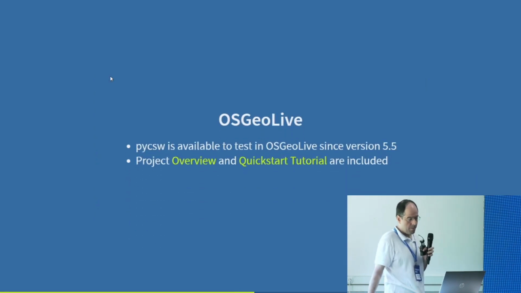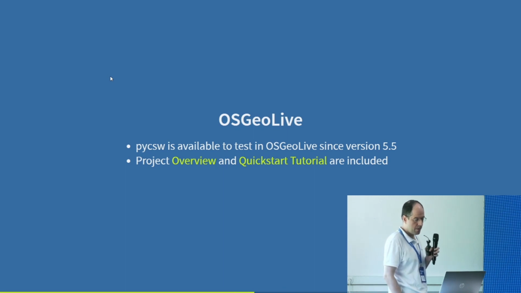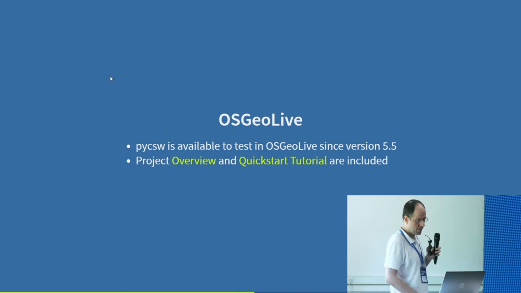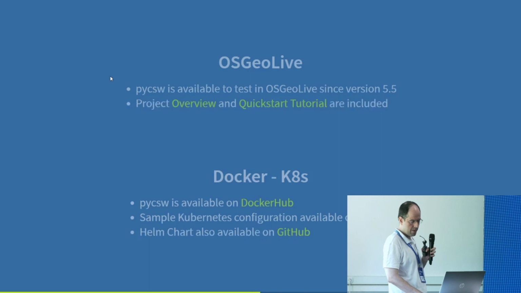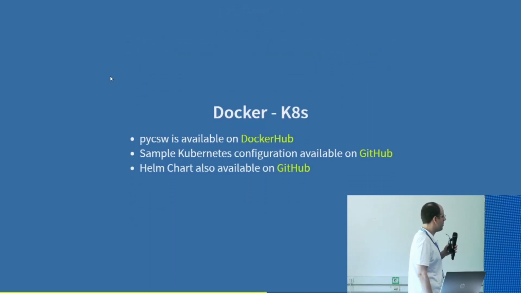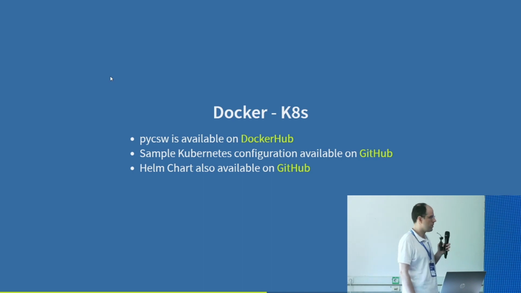As Tom mentioned already, pycsw has been available in OSGeo Live since version 5.5. It's more than 10 years ago. We have there an overview and quick start so people can test it. We have recently deployed pycsw through Docker and also Kubernetes.